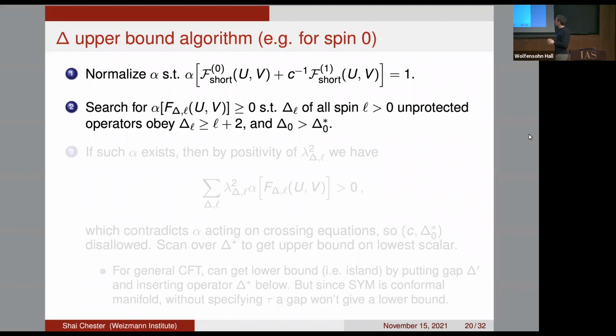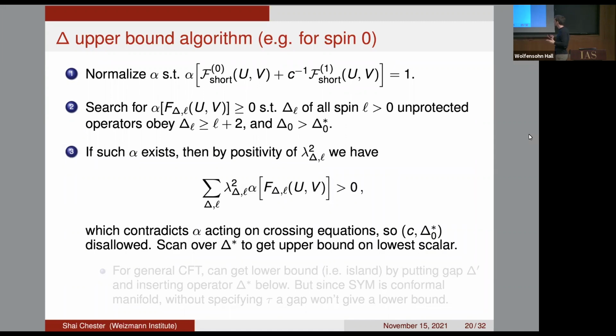Then we search for functionals alpha acting on the long multiplet crossed blocks, parameterized by delta and spin, such that for any spin greater than 0, delta is greater than or equal to spin plus 2, and specifically for spin equals 0, delta 0 must be greater than some delta star. So we're searching for functionals for this regime of delta and spin.